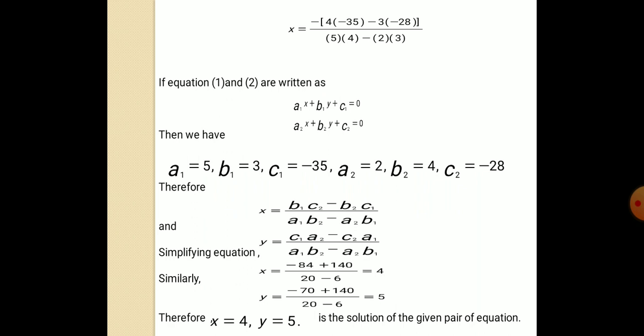Therefore x equal to (b1c2 minus b2c1) by (a1b2 minus a2b1), and y equal to (c1a2 minus c2a1) by (a1b2 minus a2b1). Simplifying and putting in the values of a1, b1, c1, a2, b2, c2, x equal to (minus 84 plus 140) by (20 minus 6), therefore x equal to 4. y equal to (minus 70 plus 140) by (20 minus 6) equal to 5. Therefore x equal to 4 and y equal to 5.